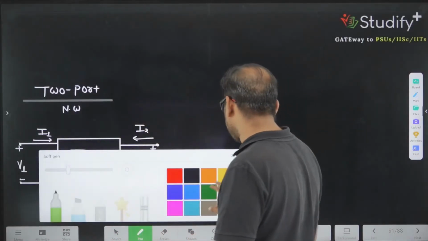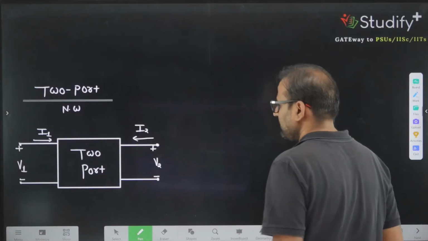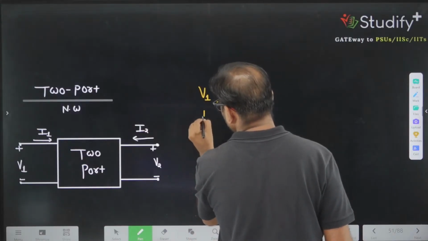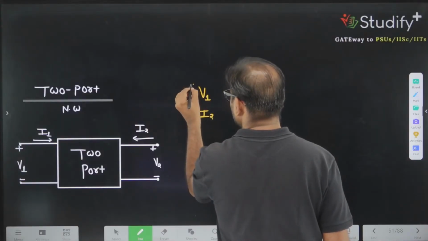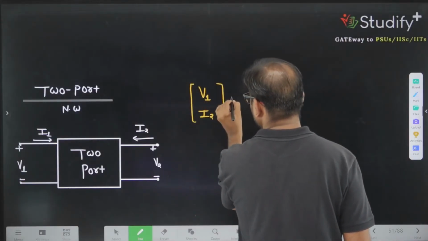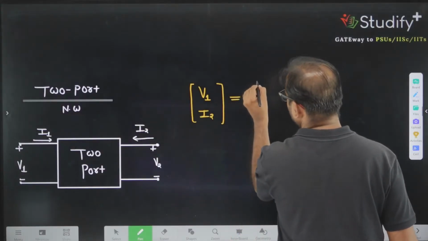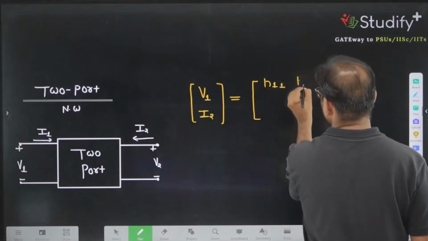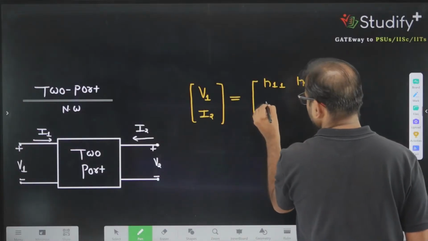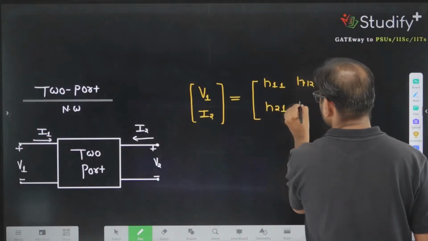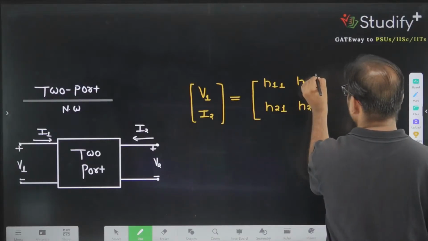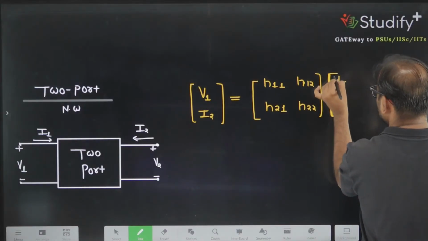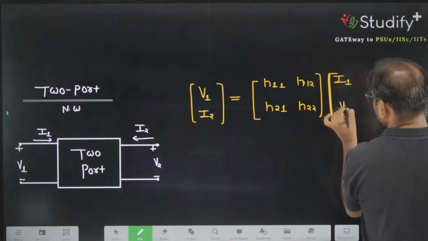And what it says that V1 and I2 as a function of H11, H12, H21, and this value is H22 times of I1 and V2.